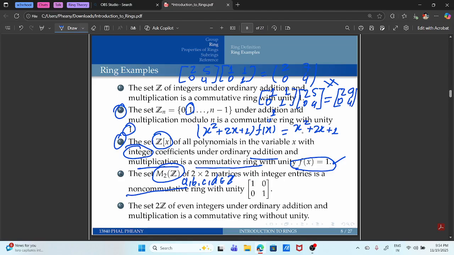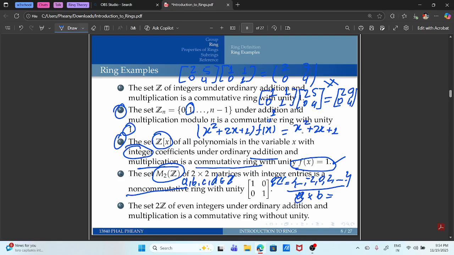We know that Z has unity 1, but 2Z in here has elements starting from minus 2, 0, 2. Here we cannot find any element e that, multiplied with b, leaves b the same.